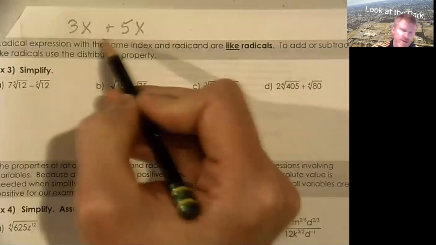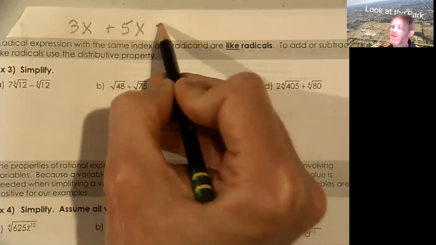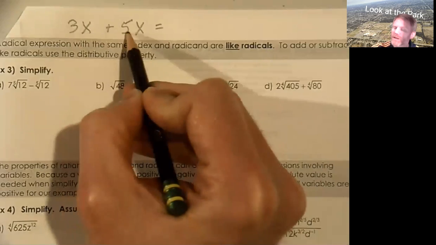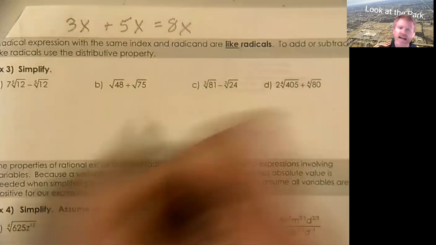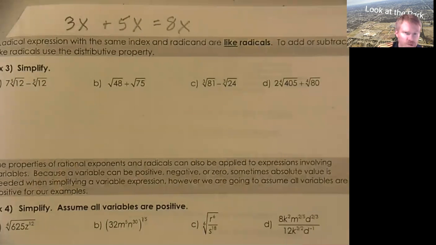They have the same variable. So if they are connected to the same term, you can just add your coefficients. So 5 plus 3 is 8 with the x. It's not x squared, it's not 2x, it's just 3 apples plus 5 apples equals 8 apples.